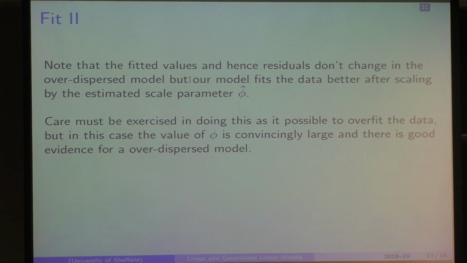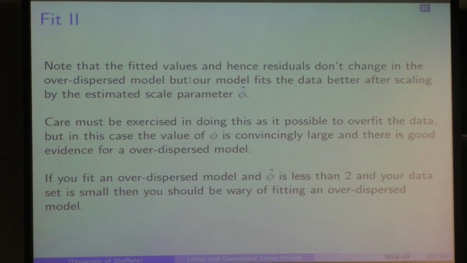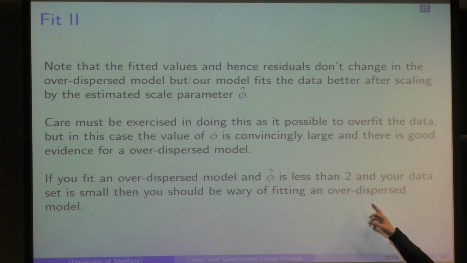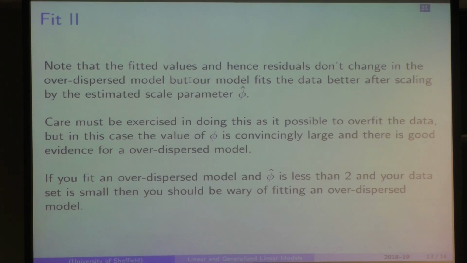Here the value of phi is quite large, and so there is quite good evidence for it. So one rule of thumb that some people suggest is that if your estimate of phi is less than 2, then you should probably stick with your original model with basic binomial or Poisson.